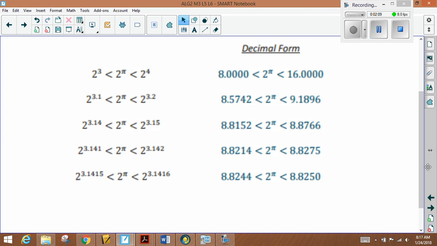You can put that in your calculator, and you'll see that it is indeed between 8.8244 and 8.8256. We're going to use the squeeze method. The idea is that as you increase the precision of your decimal places, you wind up getting closer to the actual value.